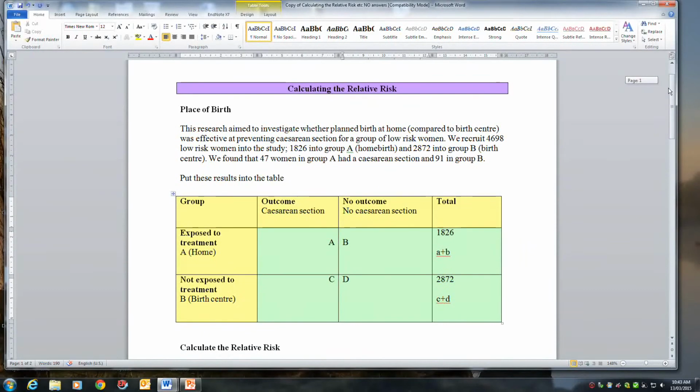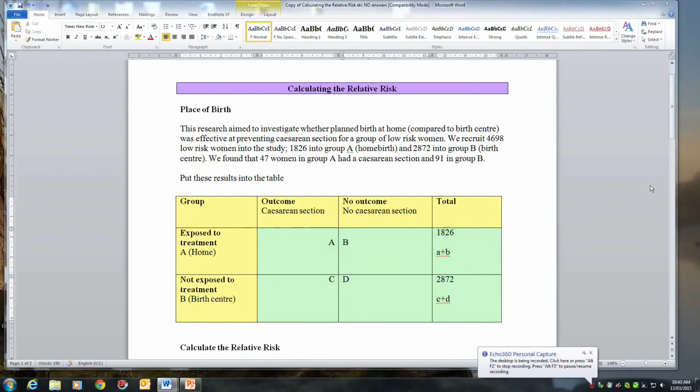Okay, so this study was looking at place of birth. So that's the exposure, and the outcome was caesarean section. So it wanted to investigate whether planned birth at home, that looks like the treatment, compared to a birth centre birth for low risk women, was good at preventing caesarean section.